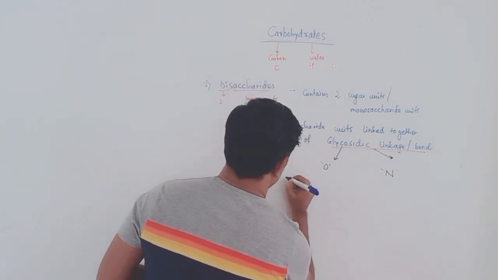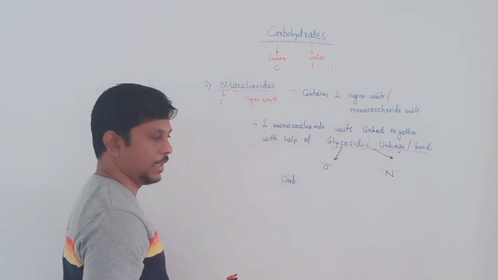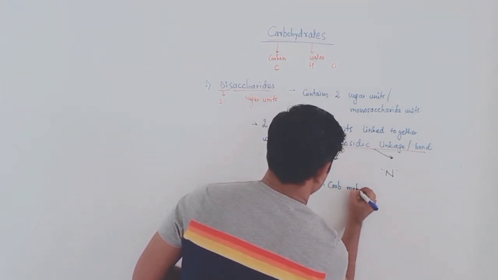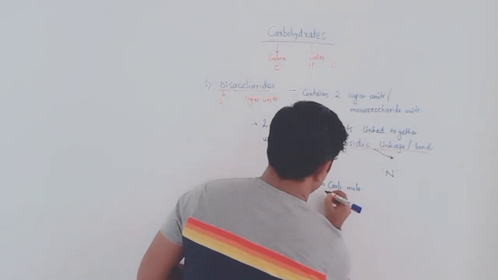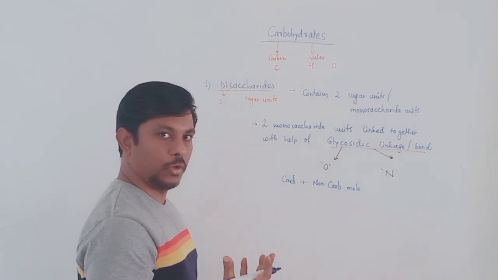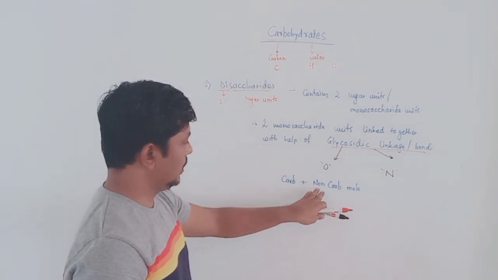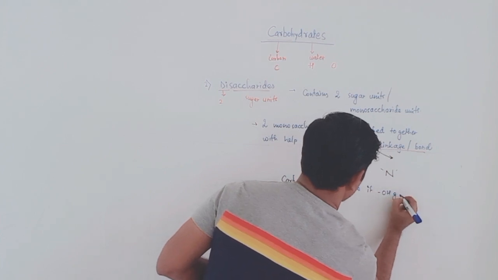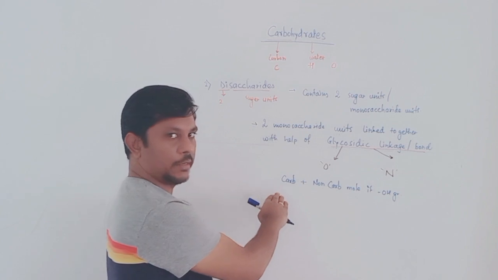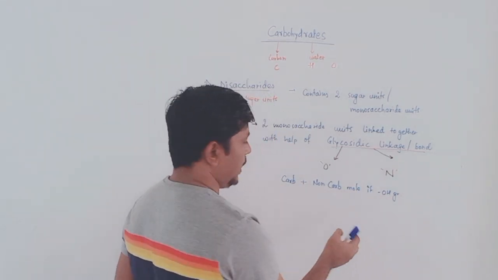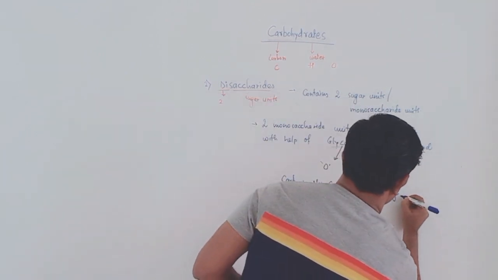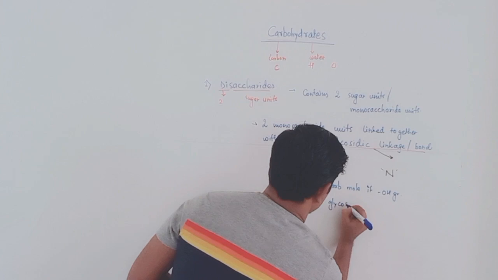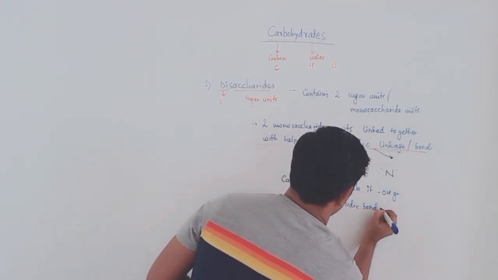So when the carb molecule, which is a monosaccharide, joins with a non-carb molecule on its hydroxyl group end, so when the monosaccharide molecule joins on the OH group end of the non-carb molecule, we get an O-glycosidic bond or linkage.